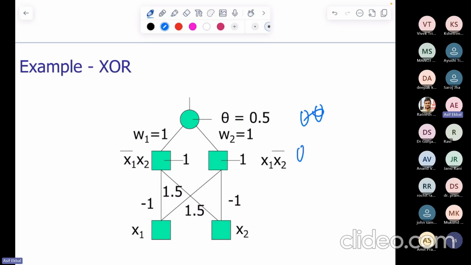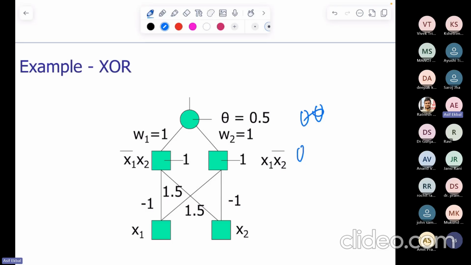Because you will plot the values in a two-dimensional axis, right? For 0 0 you get a 0, for 0 1 you get a 1, for 1 0 you get a 1. To separate them means drawing a line that separates the combinations for which you have a value of 1 on one side, and those for which you have a value of 0 on the other.